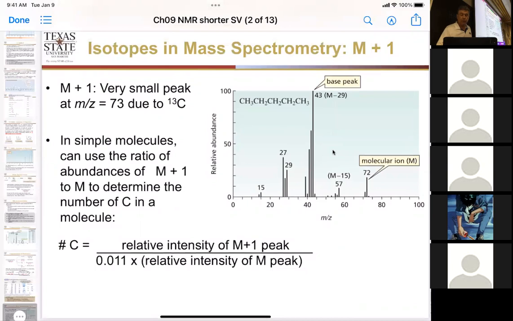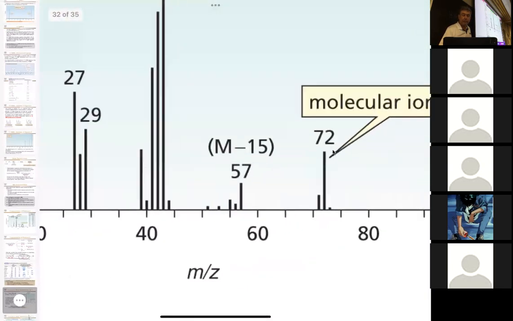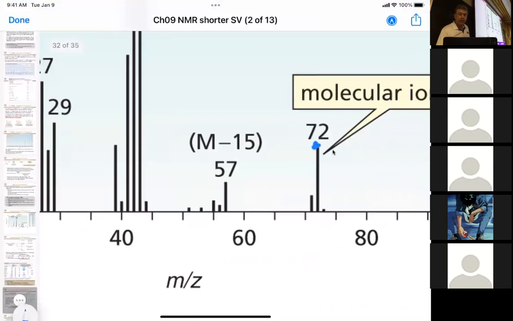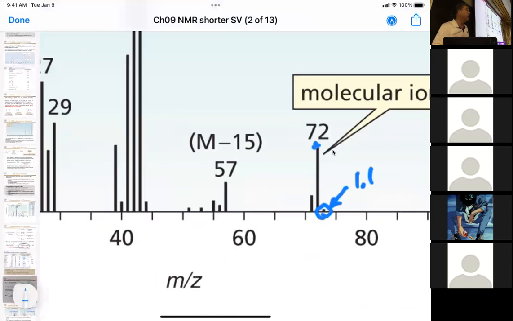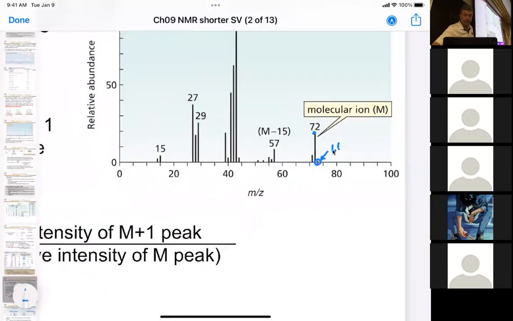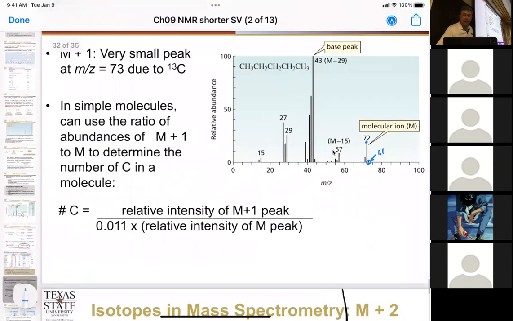Like I said before, if we take our intensity of this peak right here and compare it with this, that would be 1.1% of that 72 peak. So we can see the isotope. Okay, and then you can calculate that out if you want to.